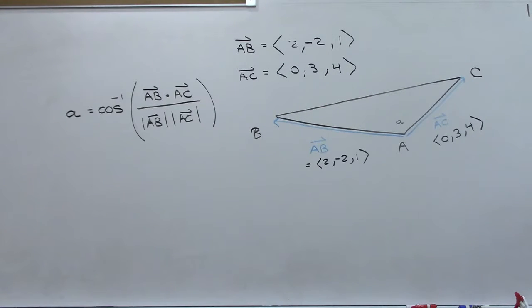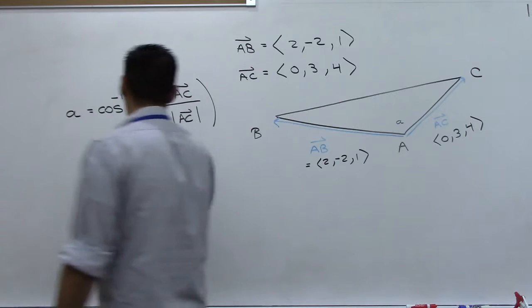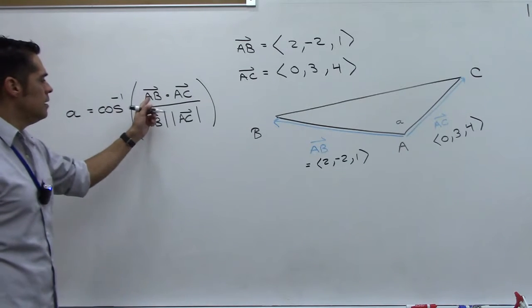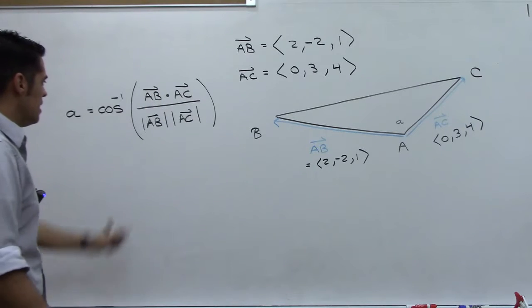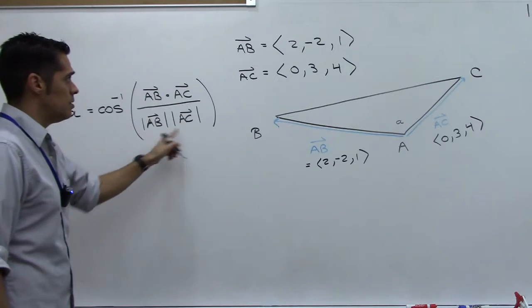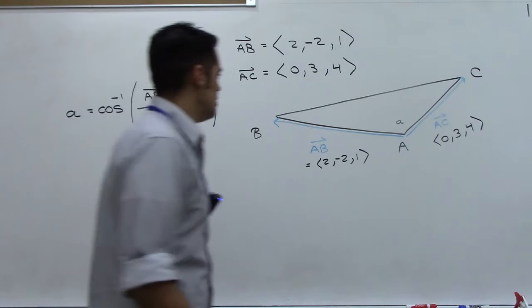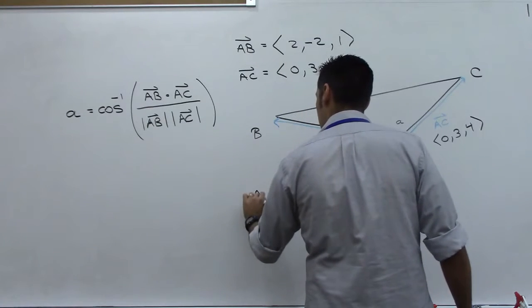So let's do it. I need to figure out what the vector AB dotted with vector AC is. I'll figure that out in a second. I need the magnitudes also. So let me get the magnitudes, and I think I'll do the magnitudes right here.